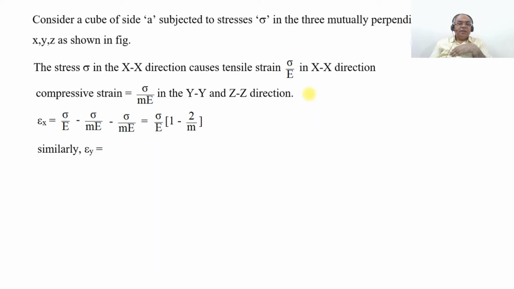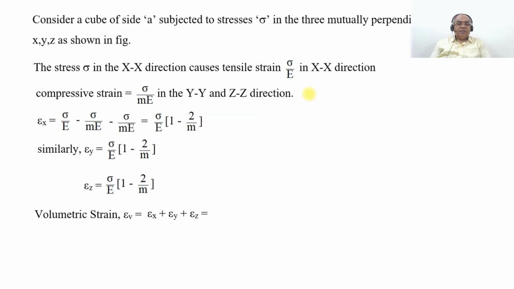Similarly, epsilon y will be equal to sigma by E into 1 minus 2 by m, and epsilon z will again be sigma by E into 1 minus 2 by m. So what is the volumetric strain? The volumetric strain epsilon v will be equal to epsilon x plus epsilon y plus epsilon z. Substituting these values, that is 3 sigma by E into 1 minus 2 by m.